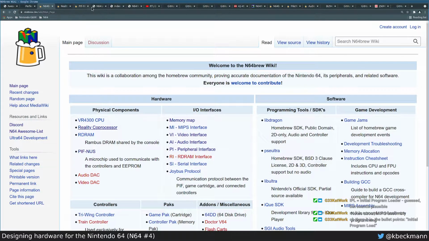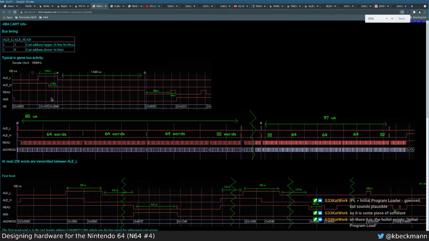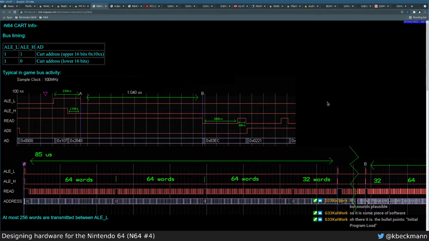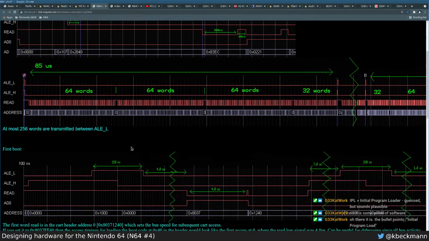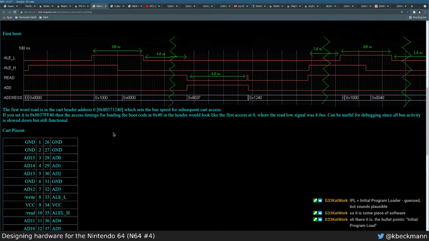So if we go to, where was it again? Here. It's kind of interesting. If we look at the signals from the cartridge, what is actually the absolutely first thing that happens? I honestly don't know. We'll have to go through that.